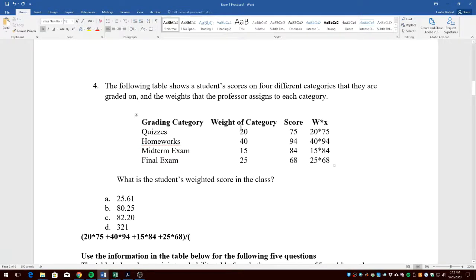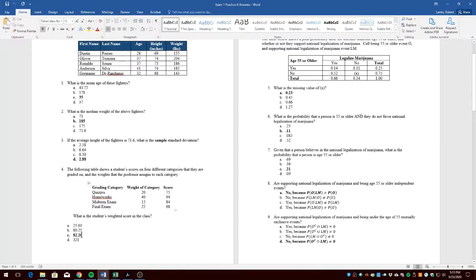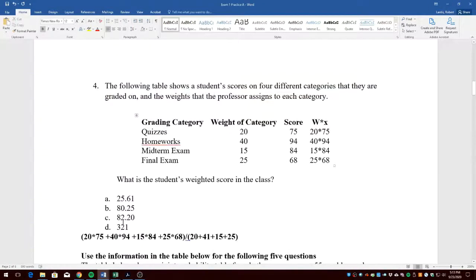So the sum of my weights here, I need to add up my weights. So I add 20 plus 40 plus 15 plus 25. And this should give me my weighted mean, right? I think if we do that, it's 82.2, but I've got the answer here. Let's just double check I'm remembering this correctly. Yeah, it should be 82.2 once you enter that into your calculator, okay?